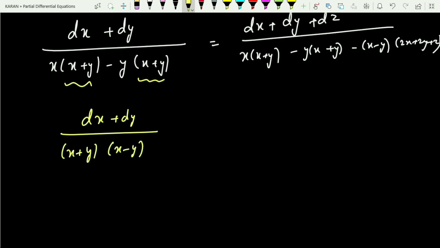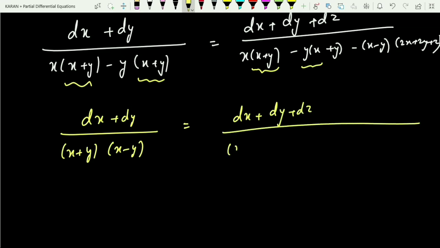Am I clear? But in the denominator of the next term, what you can see is x plus y is common. So this is dx plus dy plus dz. And mind it, it is only common from the first two terms. So this is x plus y, and here it is x, and here it will be y, minus this into this.